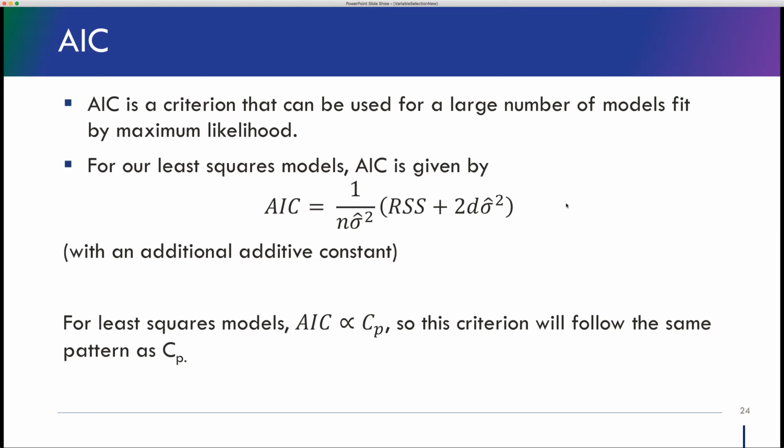There is actually an additional constant behind this, but because it's a constant, when we compare two models, we can just ignore that part. We're only comparing this changing part. So for least squares models, AIC is proportional to this Cp. So this criterion will just follow the same pattern as Cp. So they are very similar. But this AIC can be used for a large number of models.